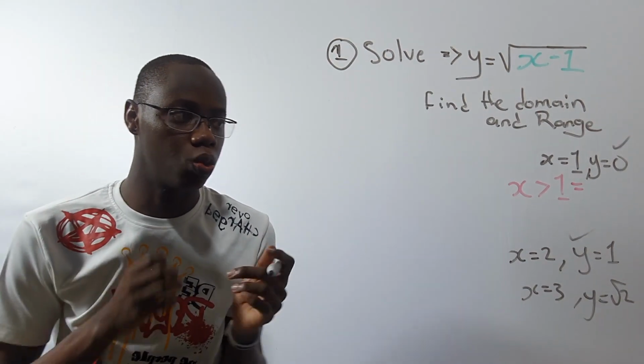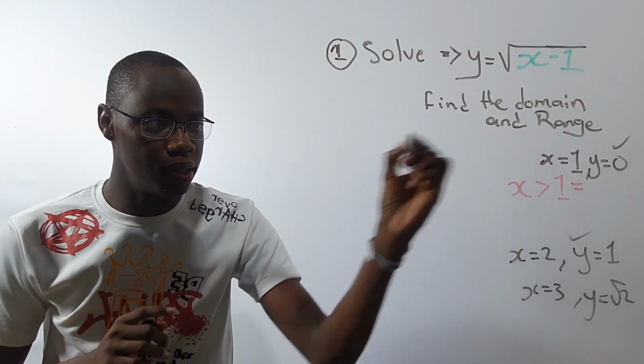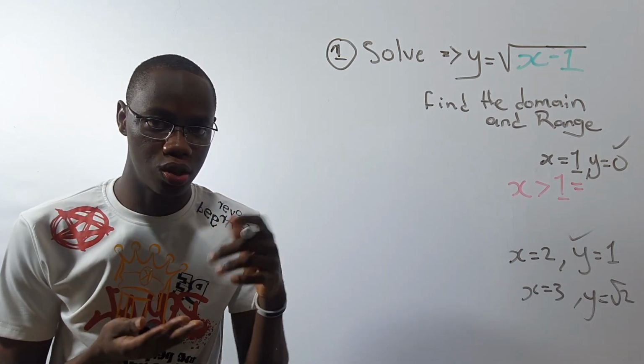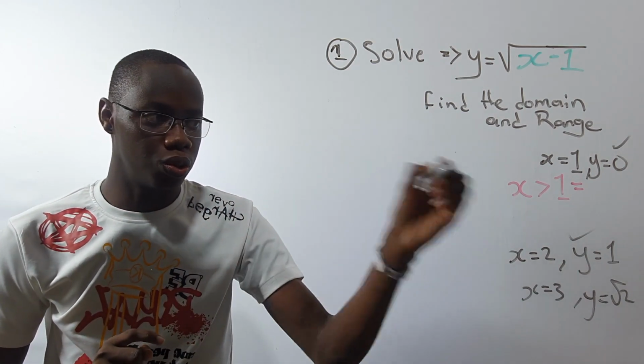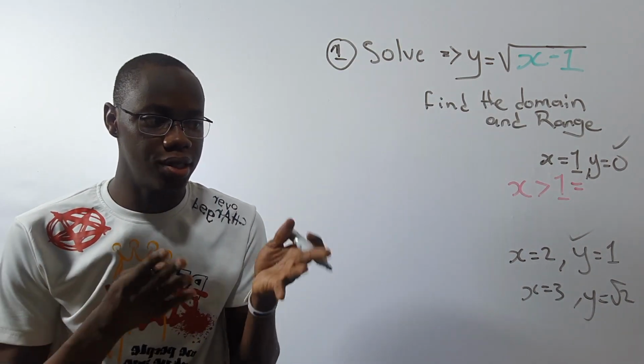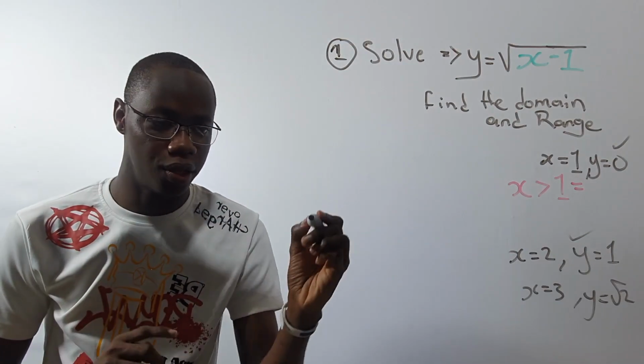From our discussion, what is the domain and what is the range? So the domain is the set of individual elements, the ones that we brought into the question. Remember, we just assumed let x be 1, let x be 2, and let x be 3. So let me draw the number line so you can see it.